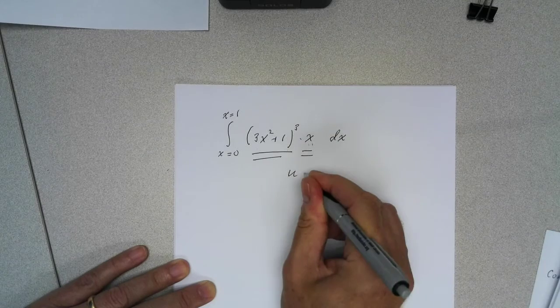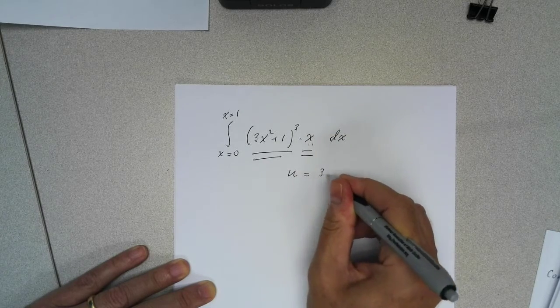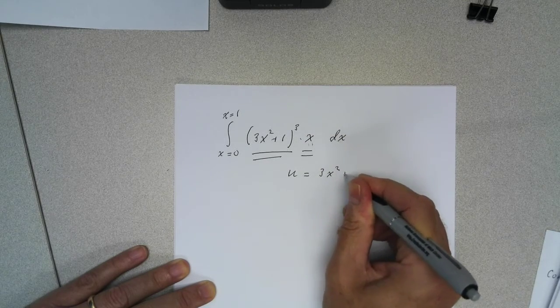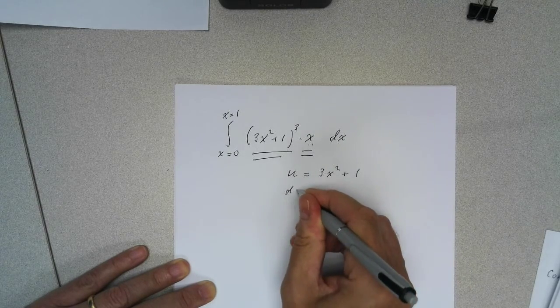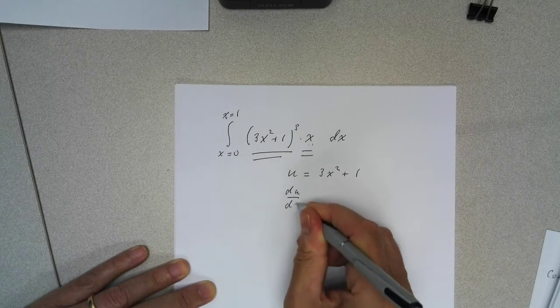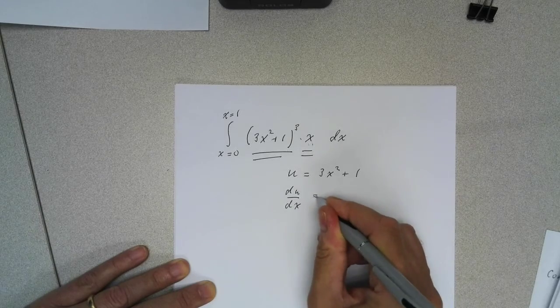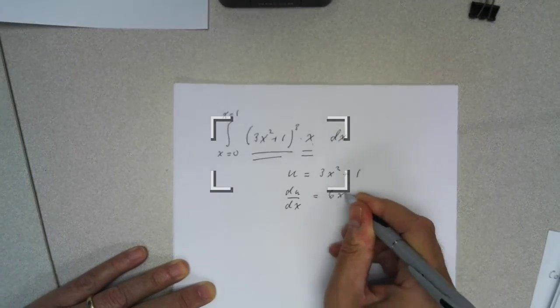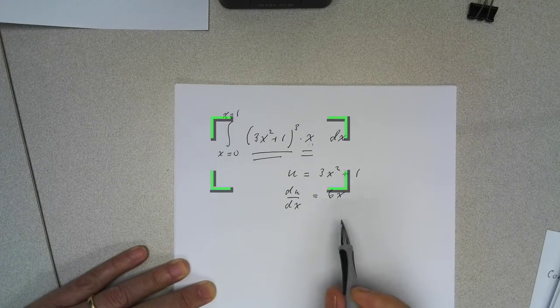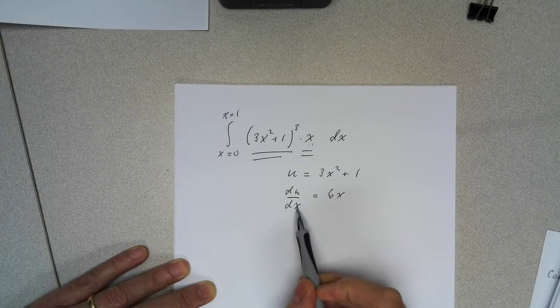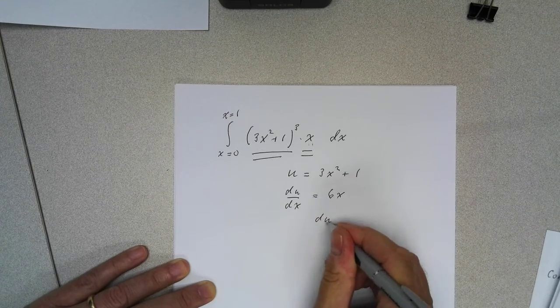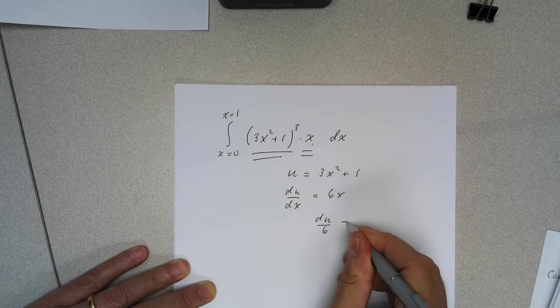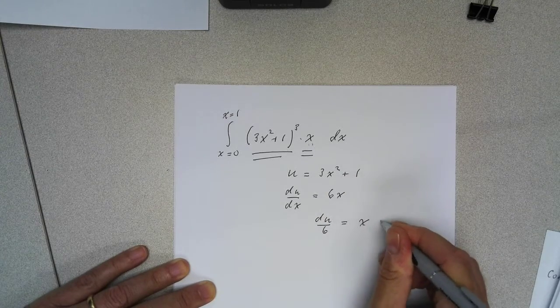So we let u be 3x squared plus 1. Its derivative is 6x. And if we cross multiply and divide by 6, this tells us that du over 6 is equal to x dx.